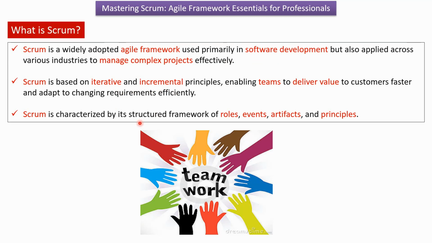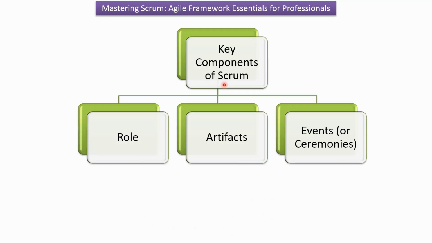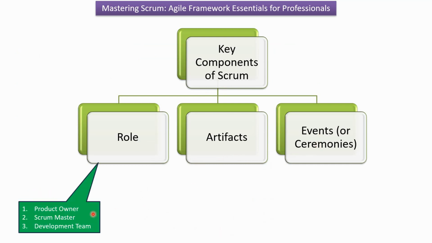Scrum is characterized by its structured framework of roles, events, artifacts, and principles. Key components of Scrum are roles, artifacts, and events. Events are also called ceremonies. There are three kinds of roles: product owner, Scrum Master, and development team.